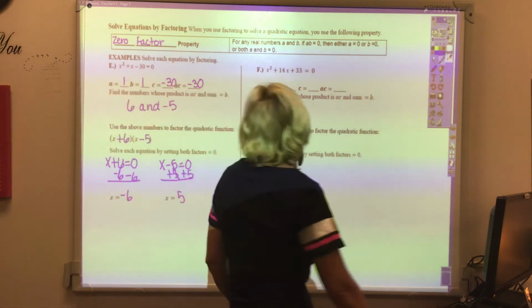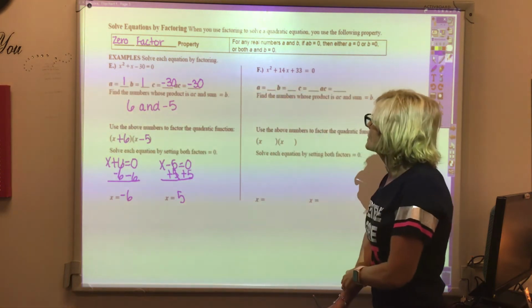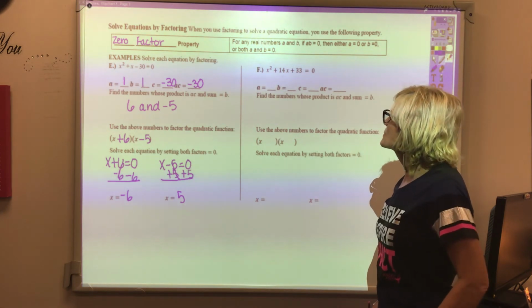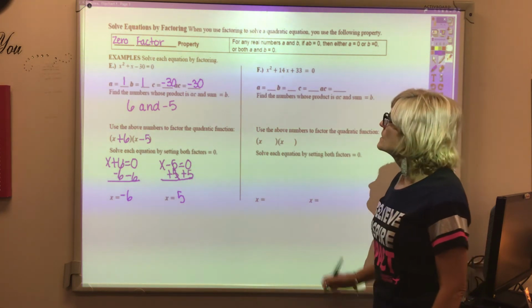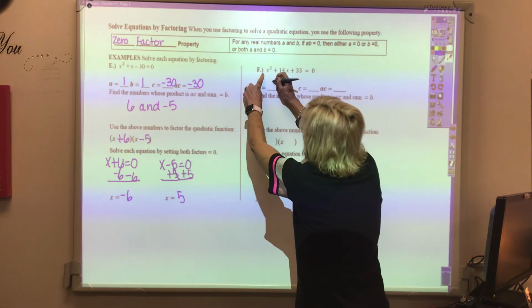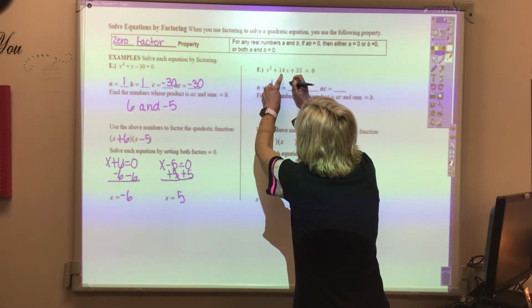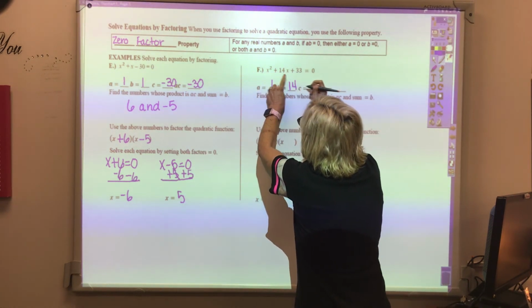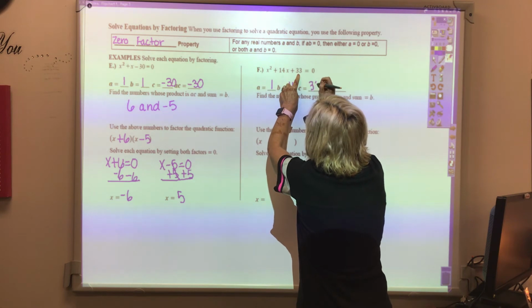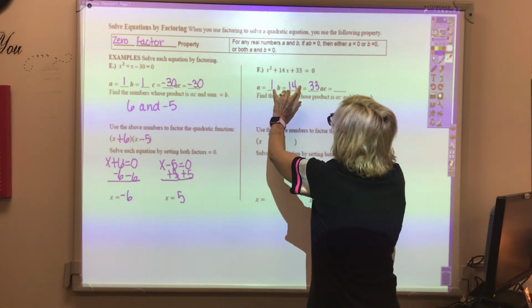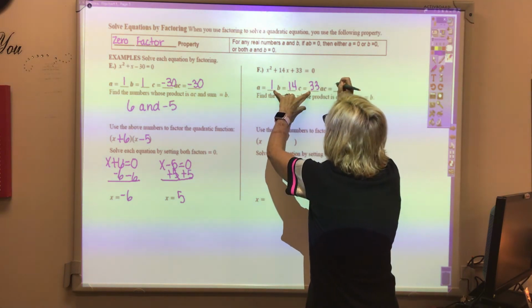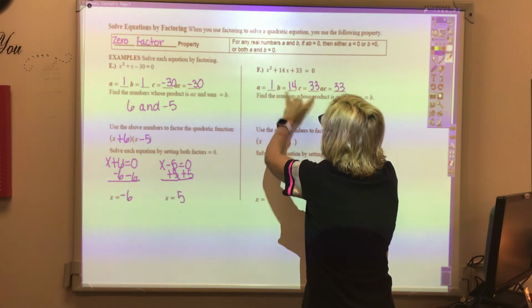Let's try another example. x squared plus 14x plus 33 equals 0. So a is 1, b is 14, and c is 33. We multiply the 1 and the 33, which gives us 33.